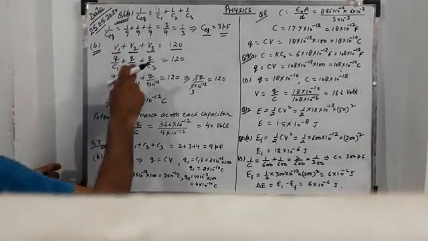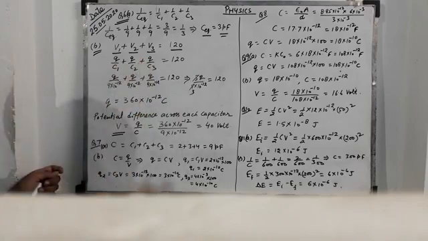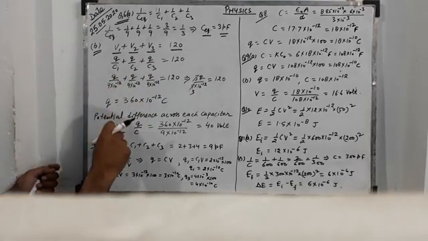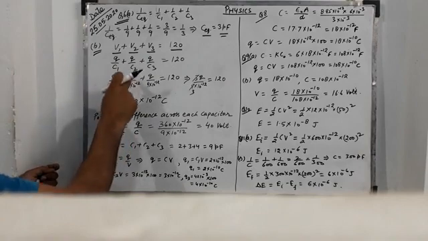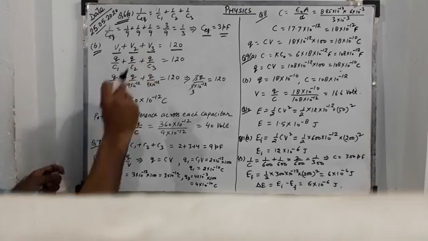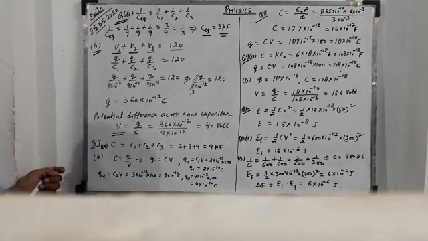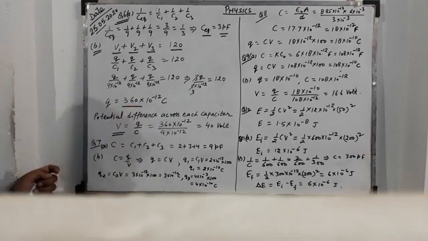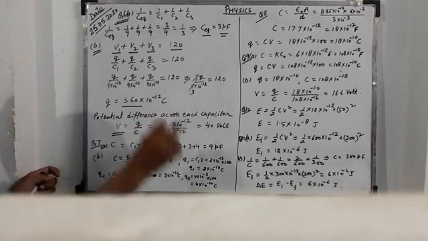Okay. So put the value of all the capacitances. We get Q upon 9 into 10 to the power minus 12, same Q upon 9 into 10 to the power minus 12, and same for C3, equal to 120, and by this we get Q is equal to 360 into 10 to the power minus 12 coulomb.